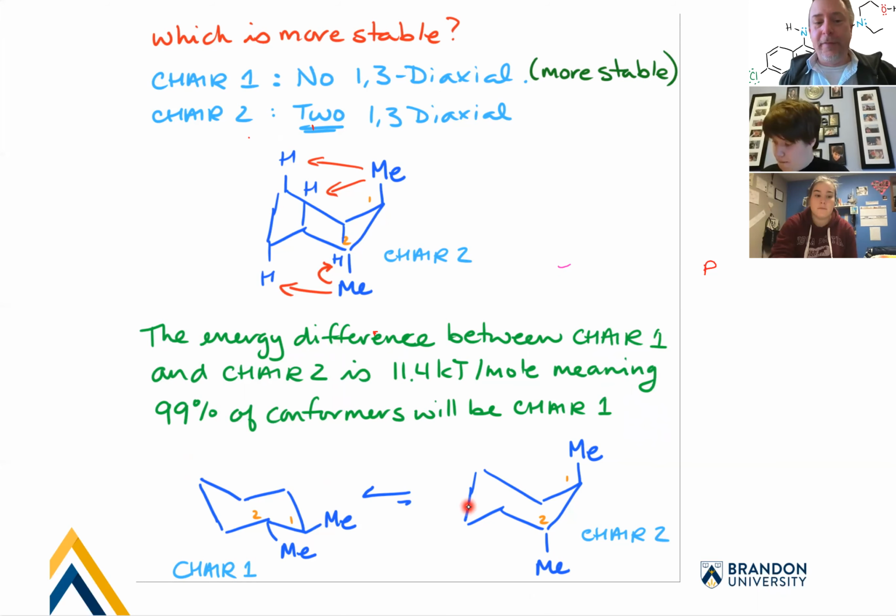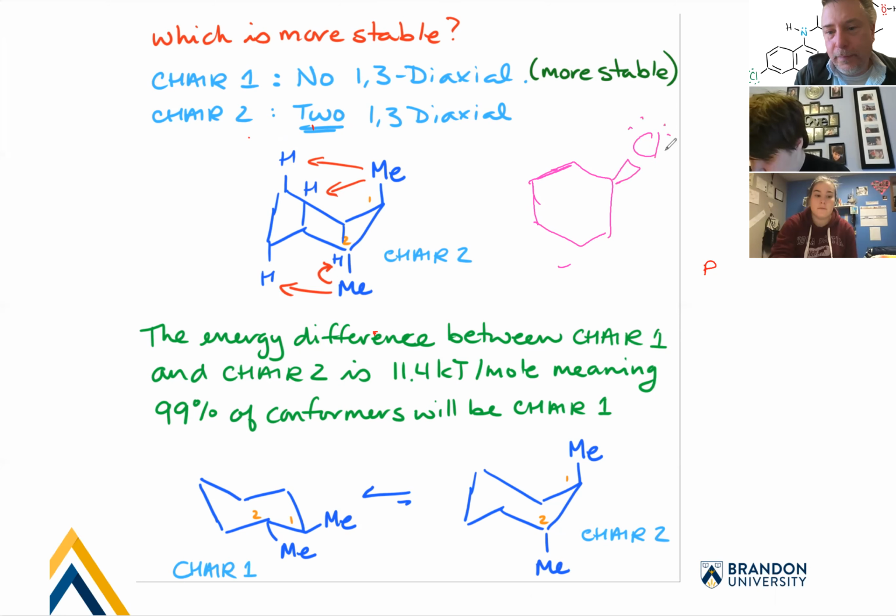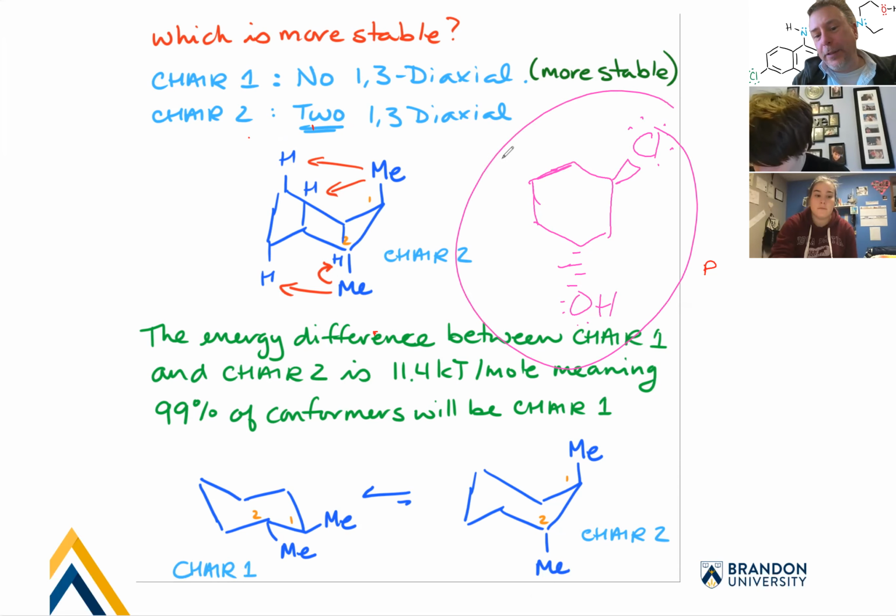And so, yeah, that's basically the next part of this class: being able to draw both chair conformations and translating those two-dimensional structures, something like this, into a chair and then doing an analysis and determining which of the two chair conformations is the most stable.